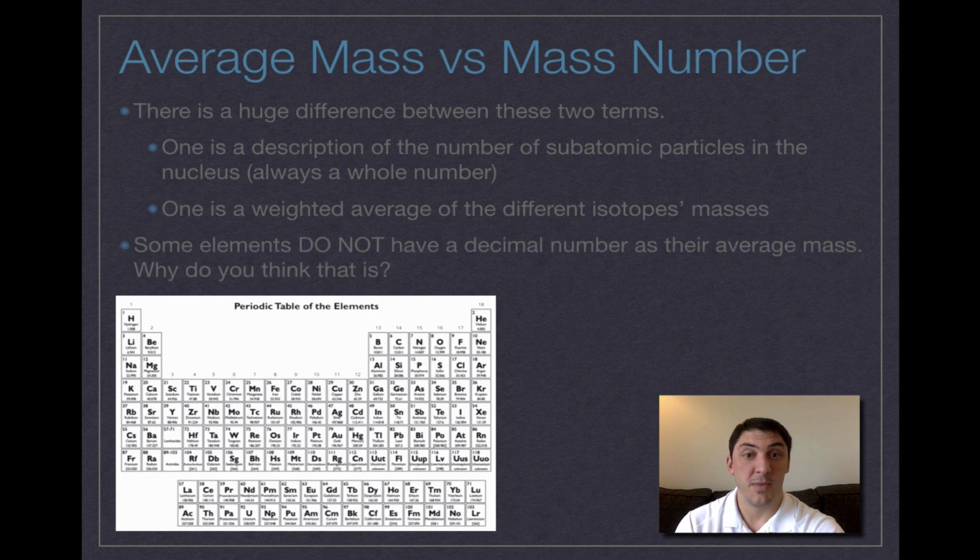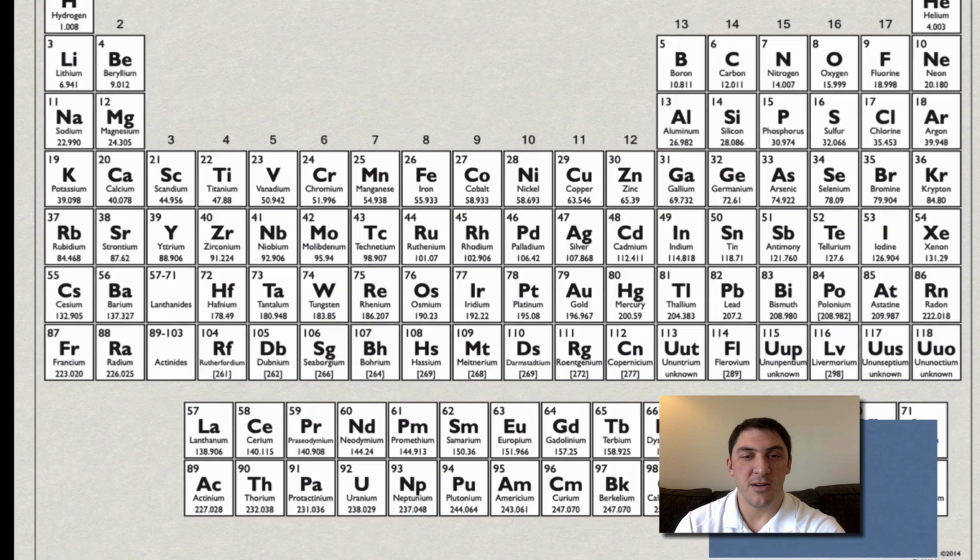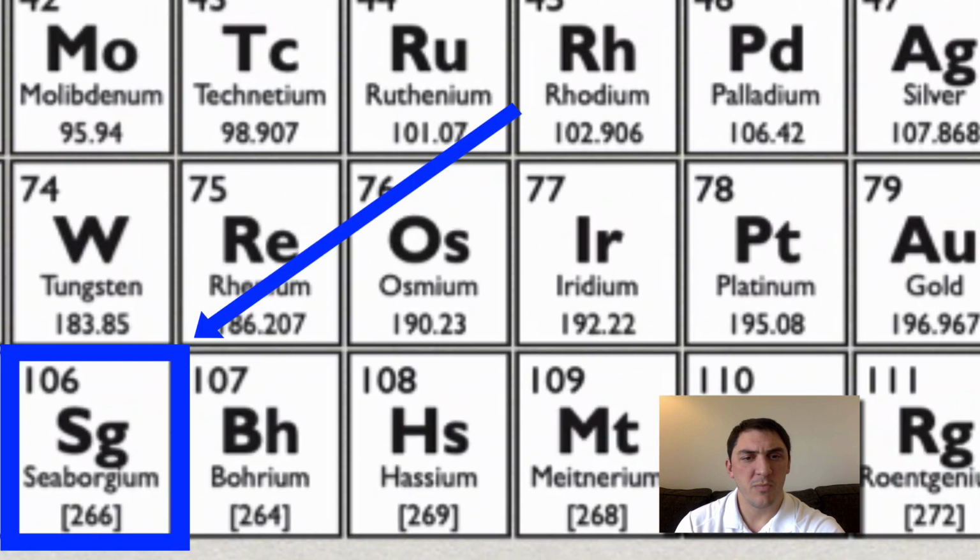Now, some elements do not have a decimal number as their average mass. Can you think why this might occur? Let's take a look at the periodic table a little bit closer as to which ones don't. Looking down here, you can see seaborgium. Seaborgium has an average mass or atomic mass of 266 AMU.